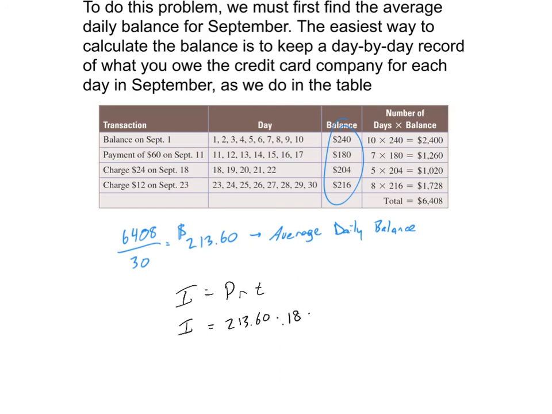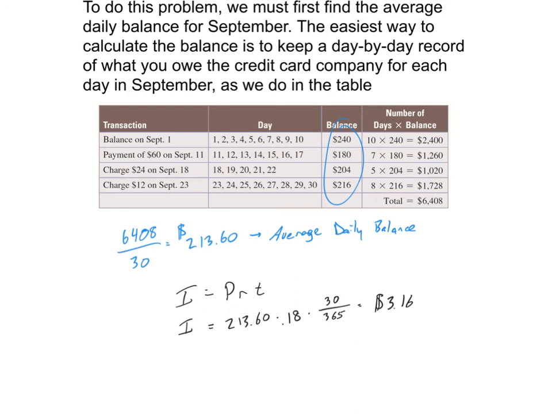It's not 1/12. It's not 2 years. It's the number of days, 30, divided by 365. The number of days in the month out of 365 days in a year. Find that in your calculator, and your interest is $3.16. Your interest, also known as your finance charge, is $3.16.